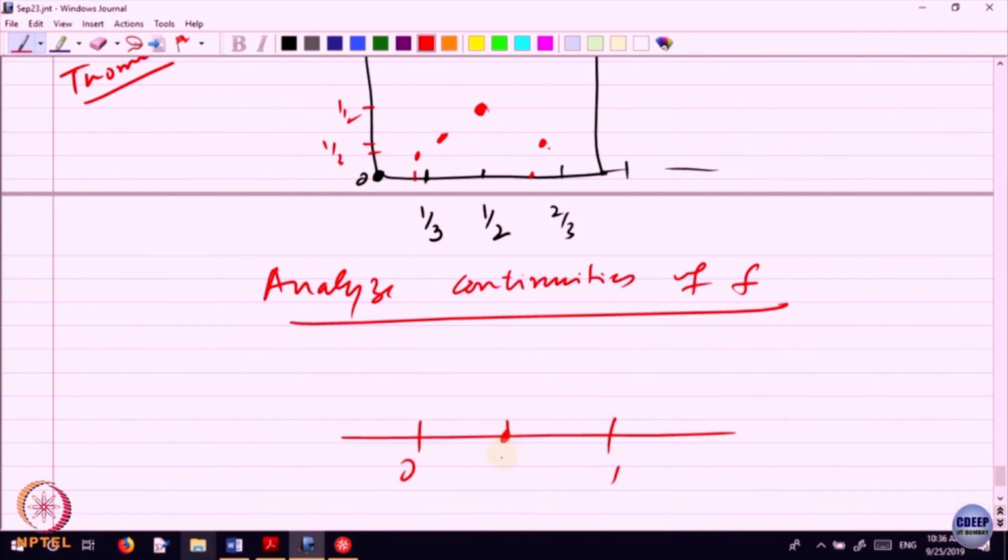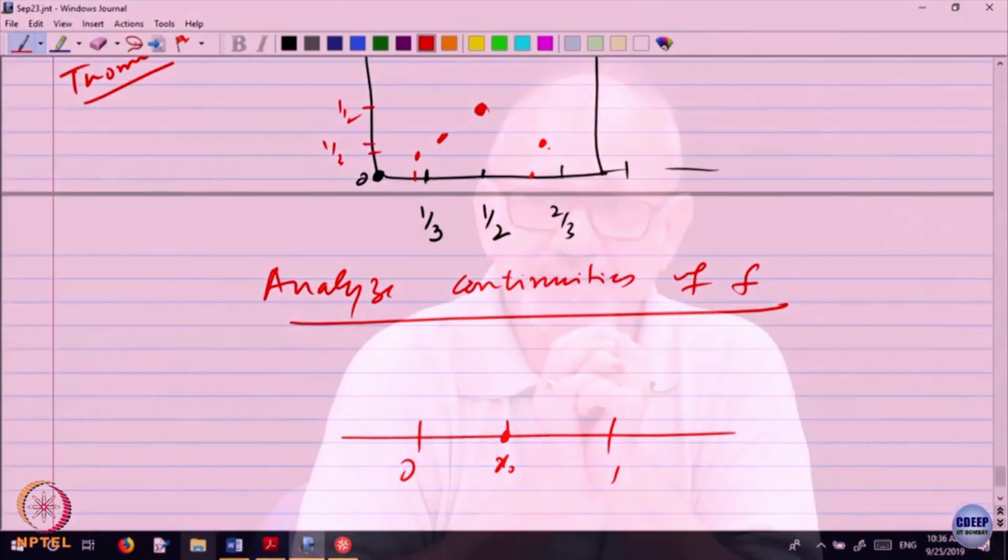I know the value of the function at this point is not 0, right? But I can have a sequence of irrationals converging to it. Irrationals are dense, right?